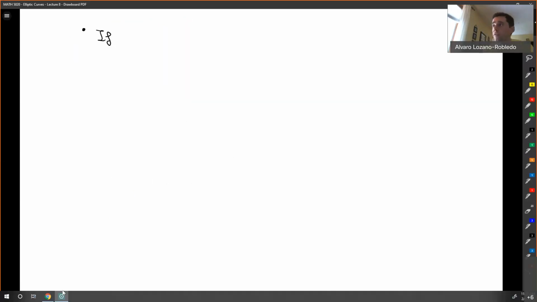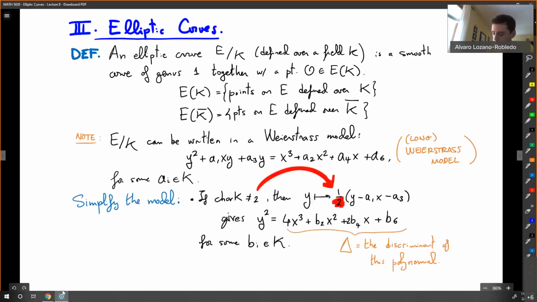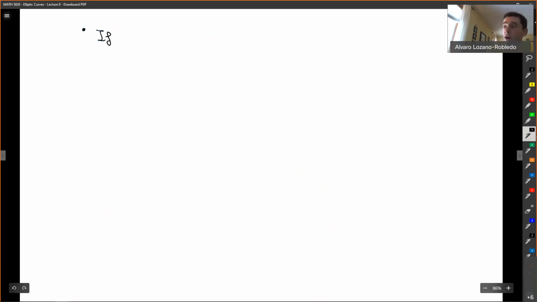We're going to be able to further simplify the model. You see that we have a term in x squared there. We are able to get rid of that term by doing another change of variables, but now we need the characteristic of the field to not be 2 or 3.